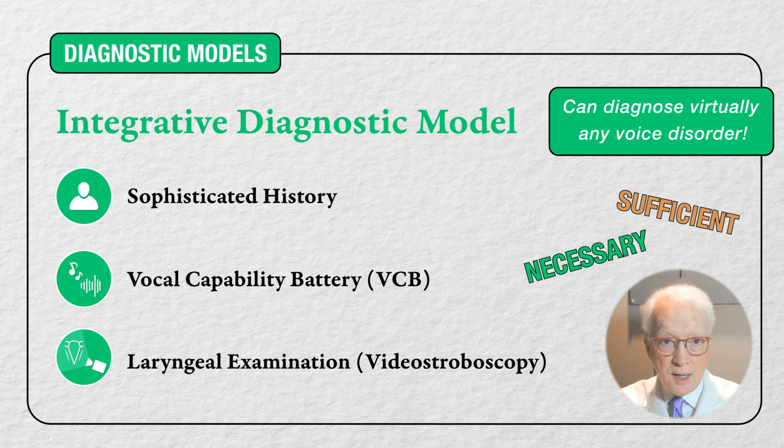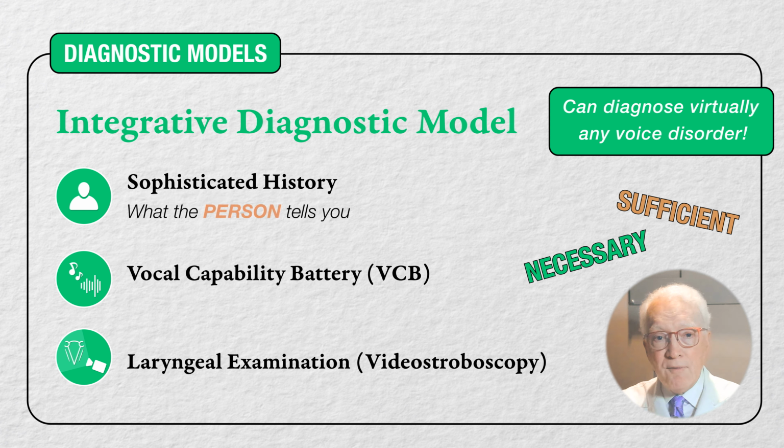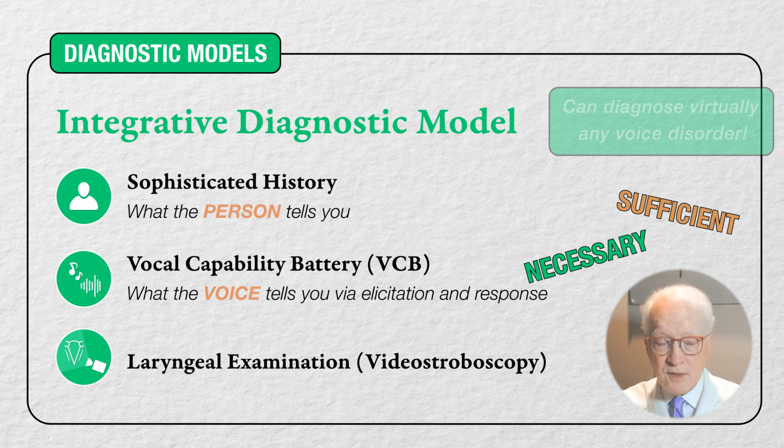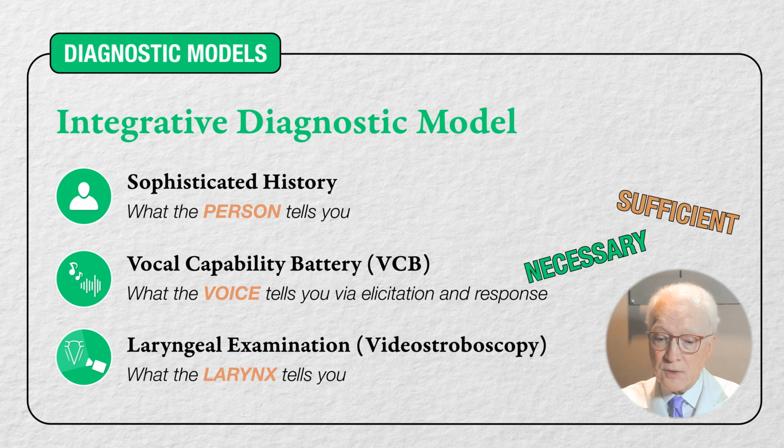So the sophisticated history is what the person tells you. The vocal capability battery, VCB, is what the voice tells you by interacting directly with it. And then third is what the larynx tells you with a very high quality laryngeal examination. So I sometimes call this bare hands laryngology.